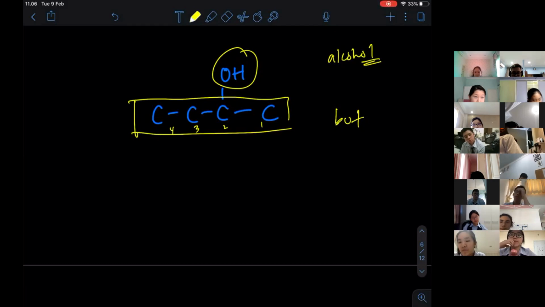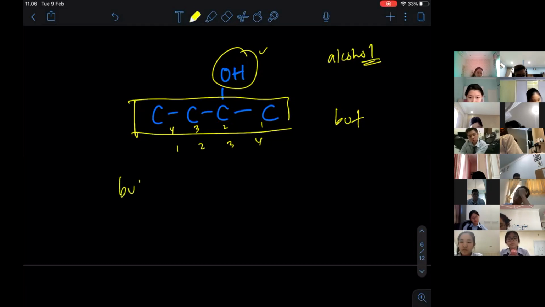Of course, I can put it as 1, 2, 3, 4 like this, but that's going to be carbon number 3. I don't want that. I want something that is going to be smaller. So this is going to be position number 2. So I know the hydroxyl group is going to be at position number 2. So how do I name this?